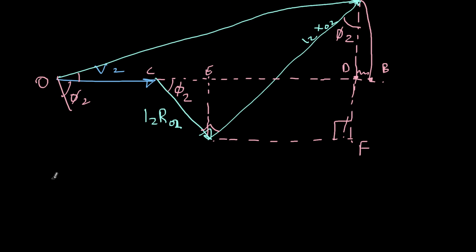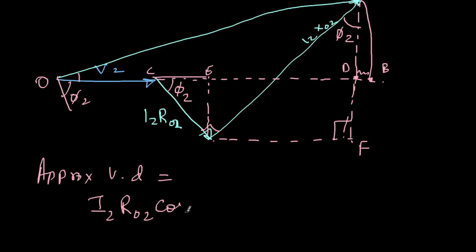So I'll say approximate voltage drop equal to I2 R02, and this part CE is nothing but cos of phi 2, plus. Now the opposite of this phi 2 is this one, and this hypotenuse is I2 X02. So I can write I2 X02 sine of phi 2.